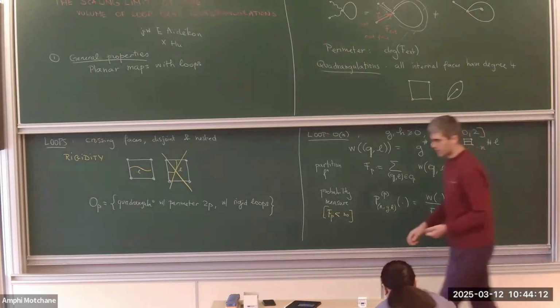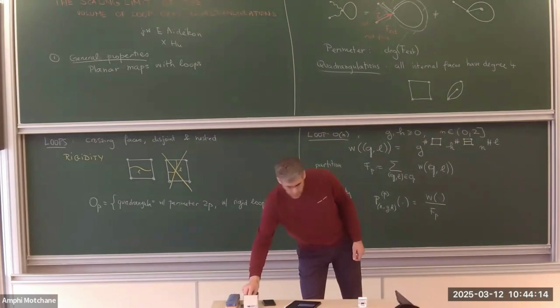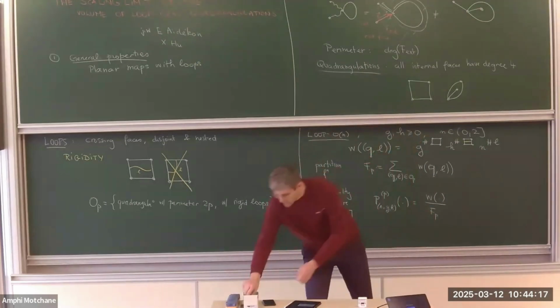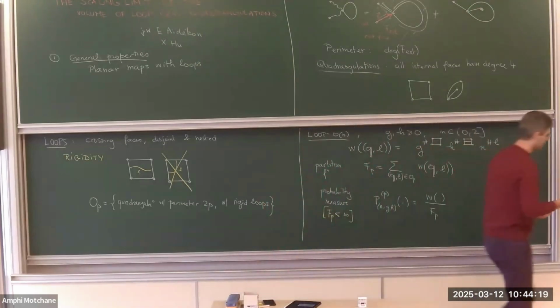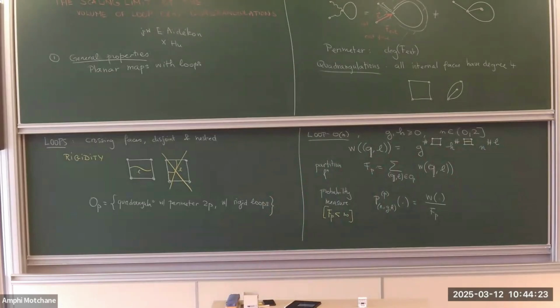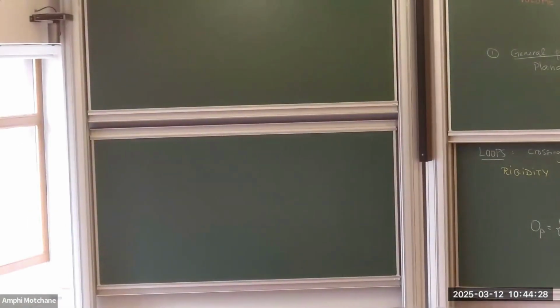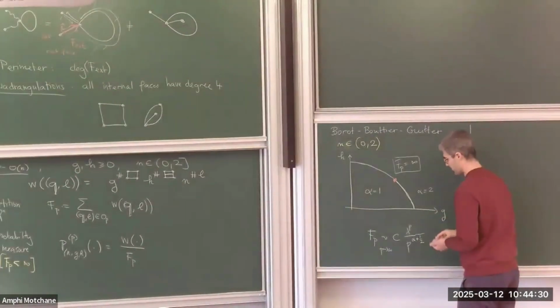And then there's another region here, corresponding to that side of the curve, plus a special point where the exponent is different.